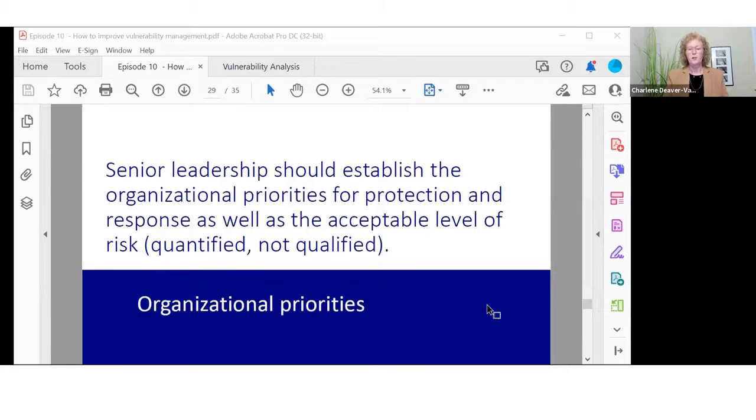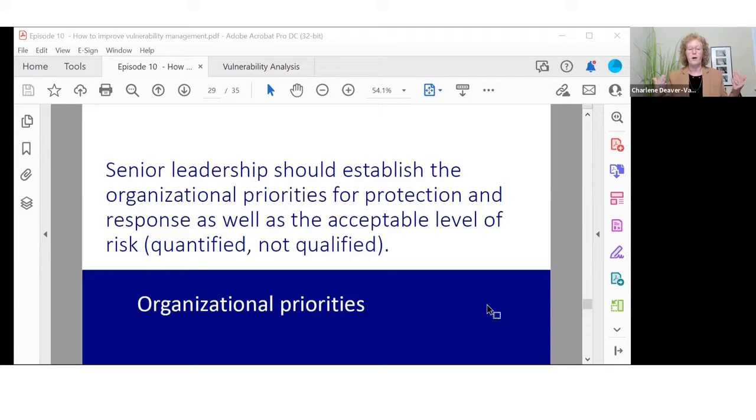So senior leadership, as I said, should establish the priorities for protection and response, as well as the acceptable level of risk. And that means in a quantified way, not qualitative. So what I mean by that is, in this tool, when you do the analysis, you will be quantifying this risk.